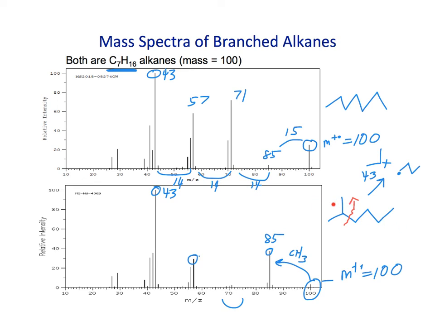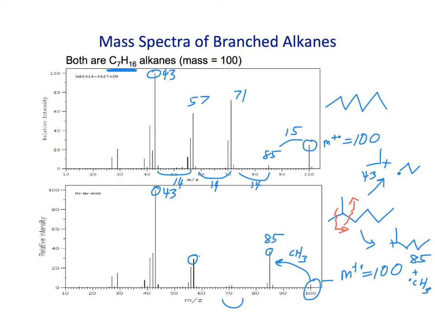If we cleaved, say, this one here, what kind of carbocation would we get? Secondary, right? So we're actually more apt to cleave this one with the charge going that way, and so this gives us this carbocation, which is at 85, plus the methyl radical.